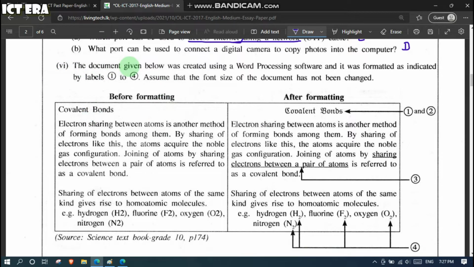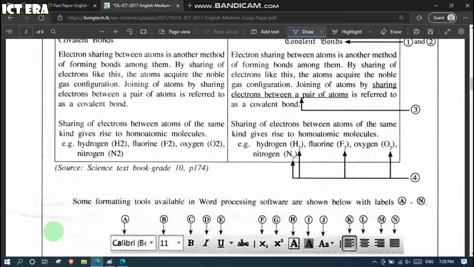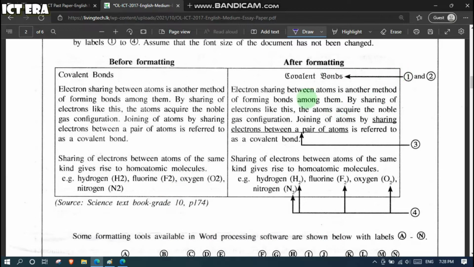Then sixth one, the document given below was created using a word processing software, and it was formatted as indicated by labels 1 to 4. Assume that the font size of the document has not been changed. So these are the tools, so we have to find. Okay, first one, covalent bonds.